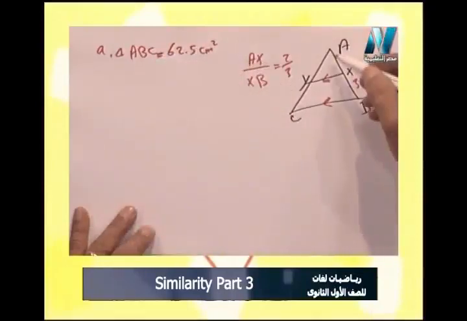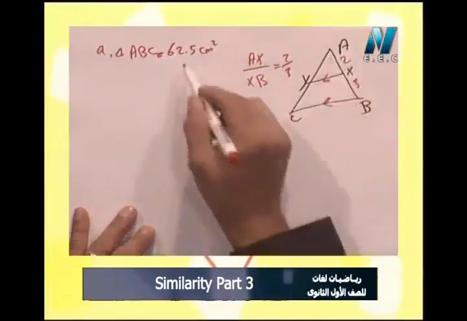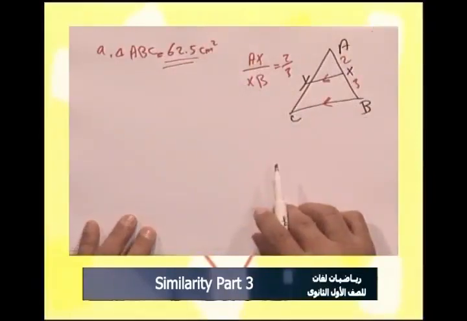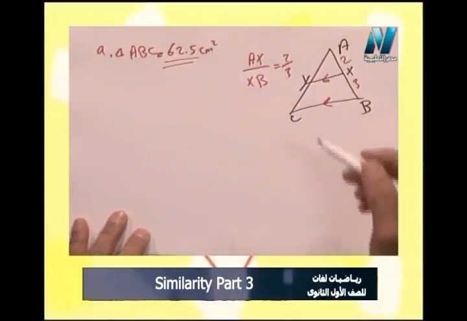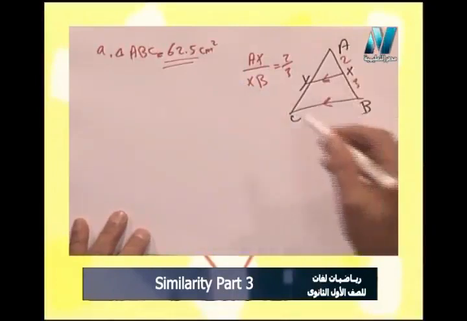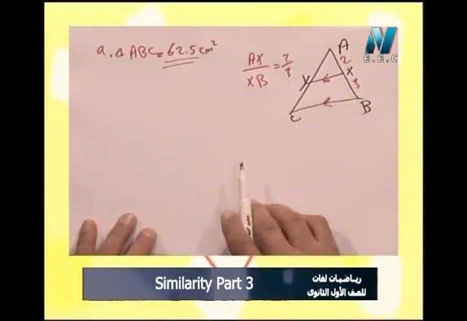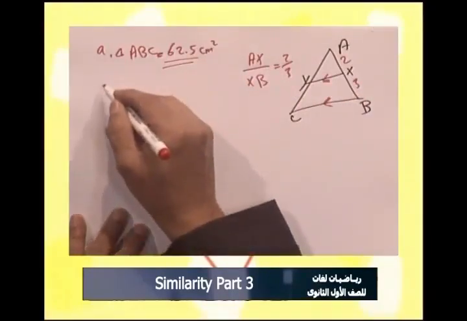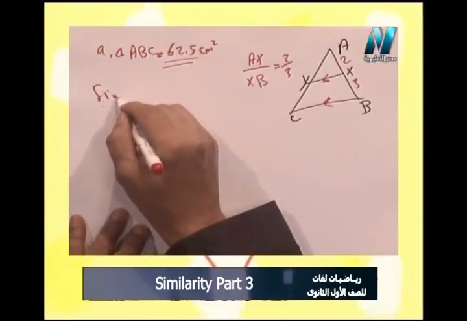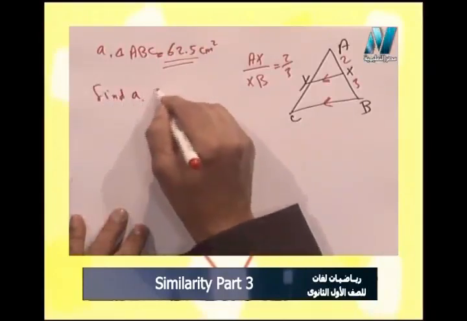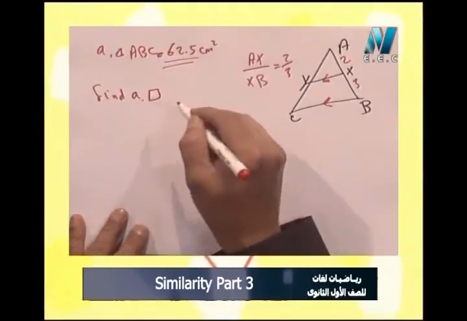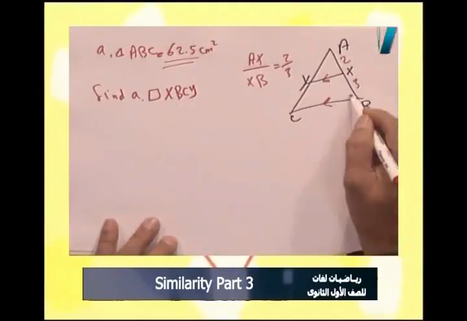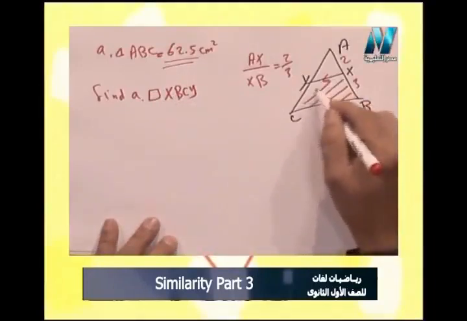We have the area of the whole triangle ABC here equals 62.5 square centimeter. And we have the ratio AX to XB equal to 2 over 3. And the required is to find the area of the quad XBCY. Okay, we would like to find the area of this quad only.